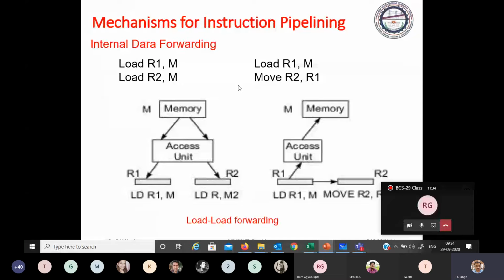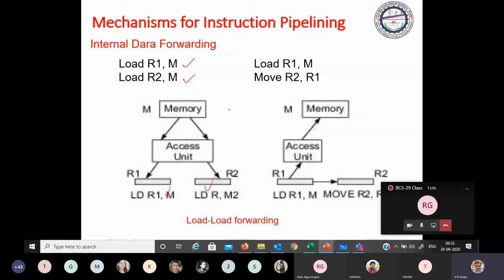Next is load forwarding. Suppose the same information is needed by two instructions. Here you can see, both will perform a memory fetch operation, this memory fetch and this memory fetch.